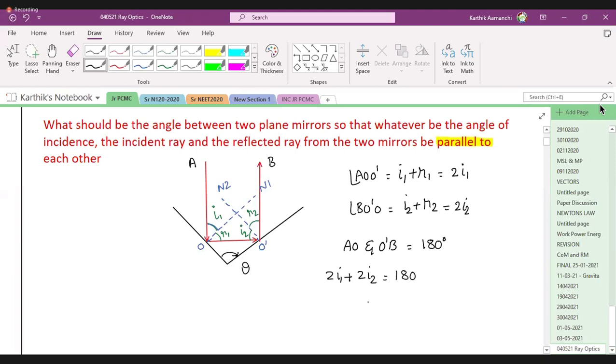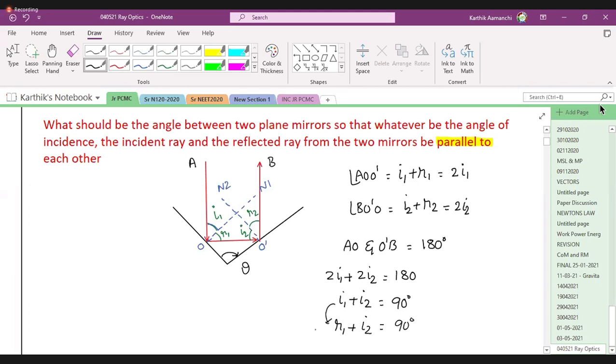So I1 plus I2 is 90 degrees. So I can write R1 plus I2 as 90 degrees.